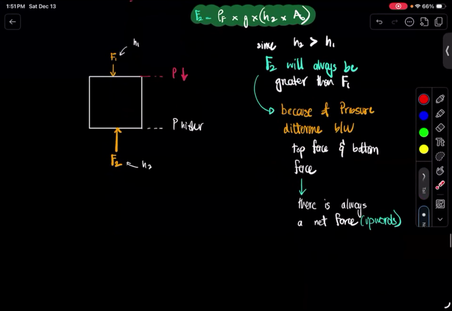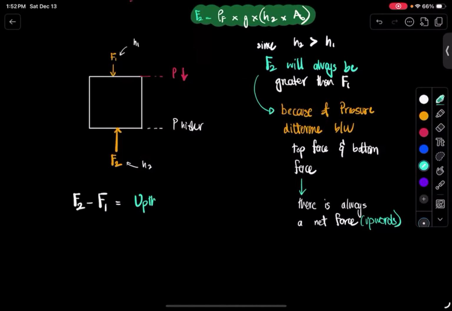Now, because the depth is greater at the bottom, then that must mean there is always going to be a greater force from downwards, right? So if you subtract F2 minus F1, this is equal to upthrust. This is the net upward force. How do you define upthrust?